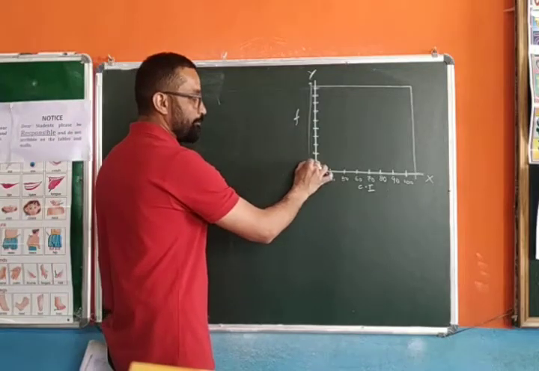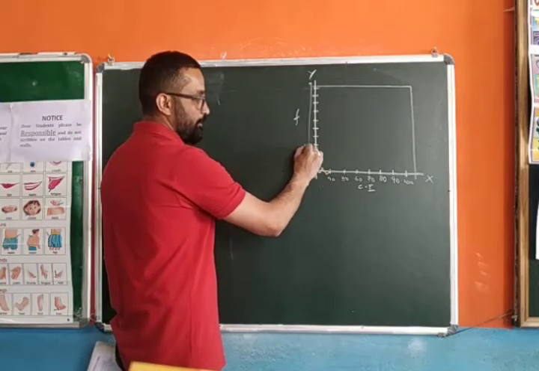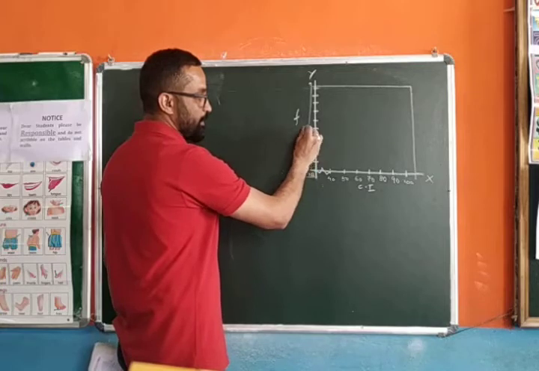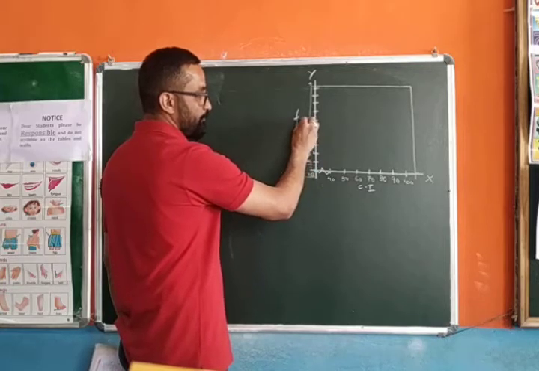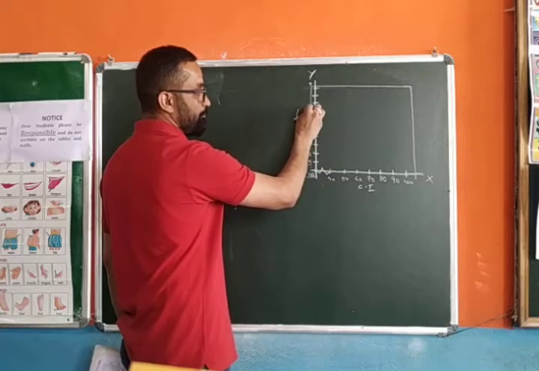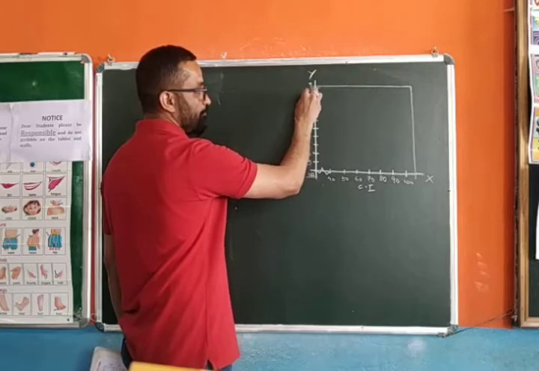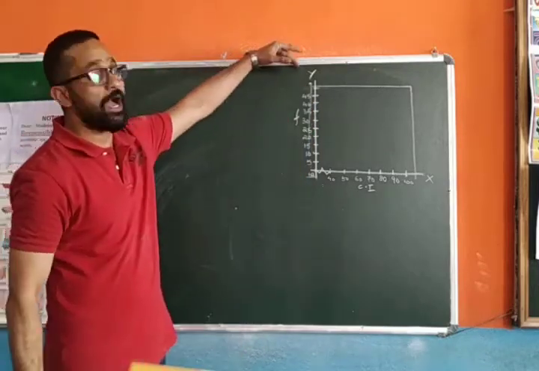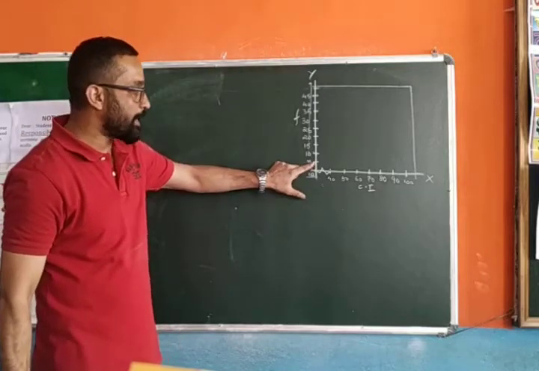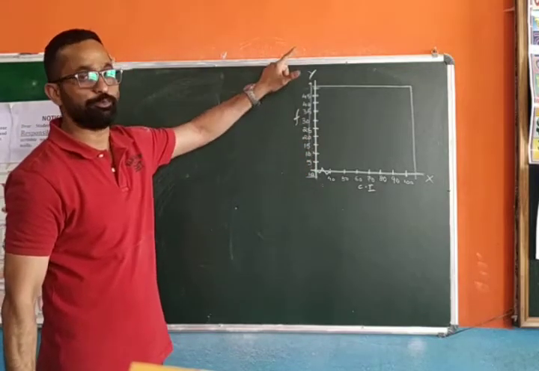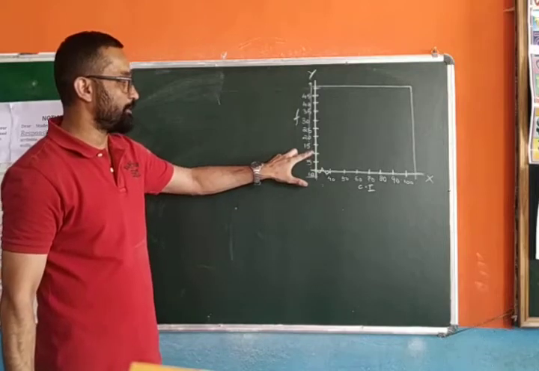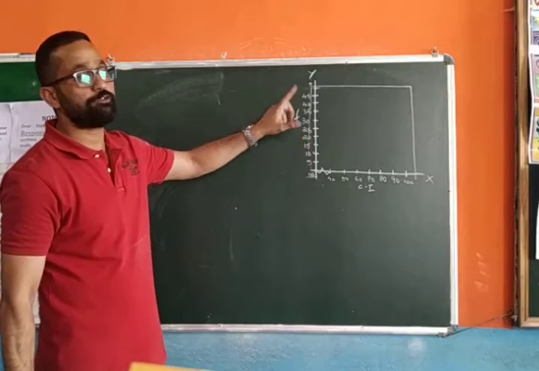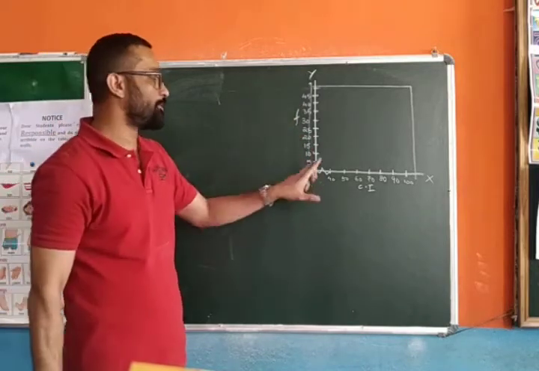So I'll be taking 5, 10, 15, 20, 25, 30, 35, 40, 45. Mark it along y-axis such that the highest value fits, and it has to be continuous value. 5 then will be 10, 15, 20, 25. Interval of 5.